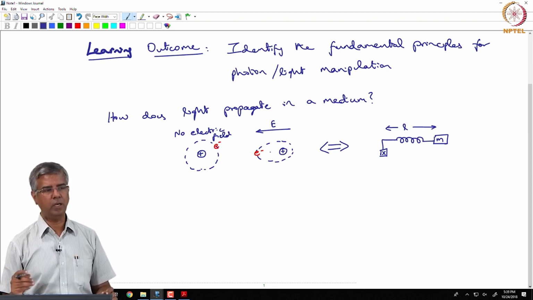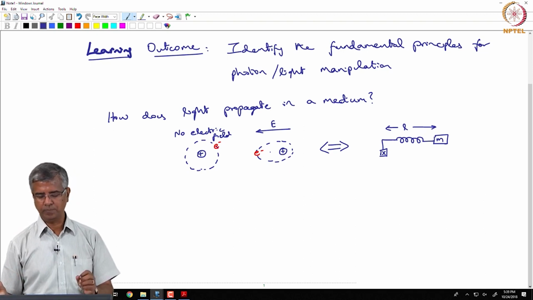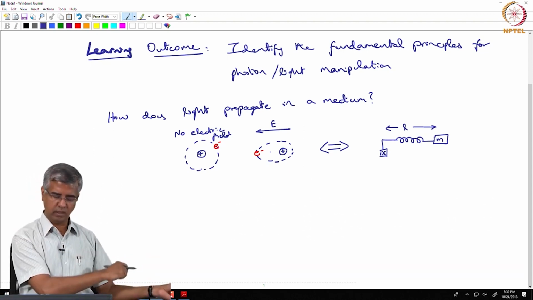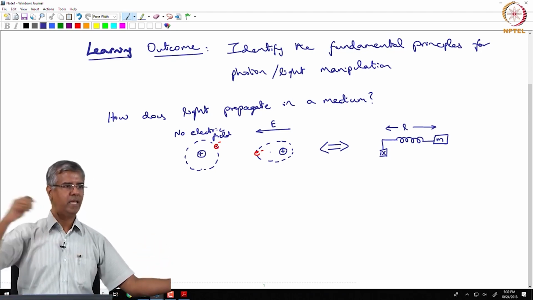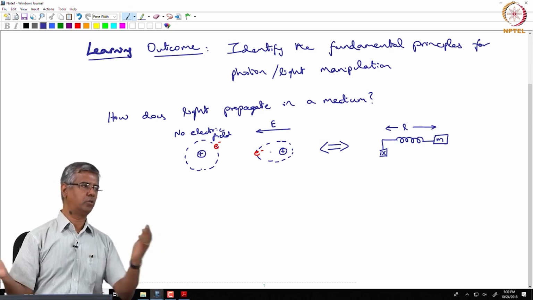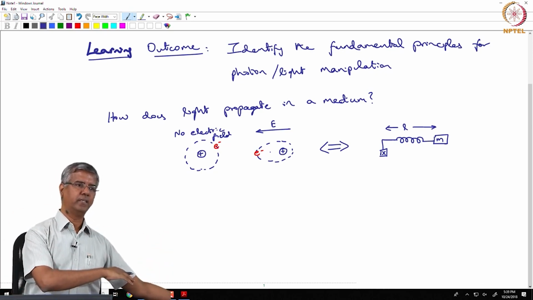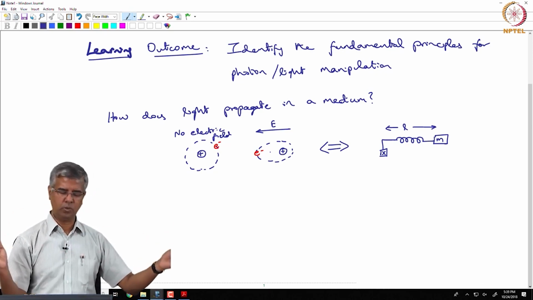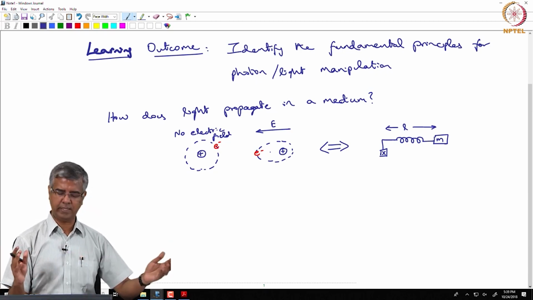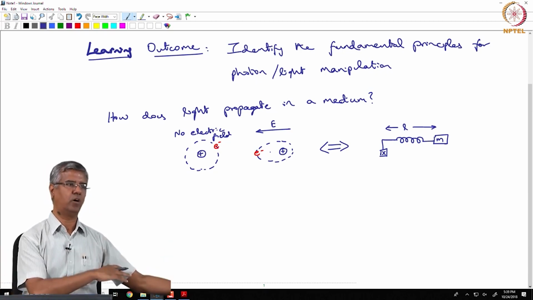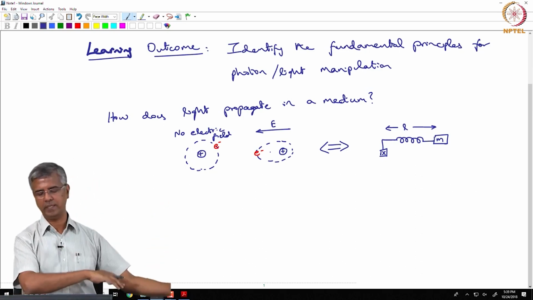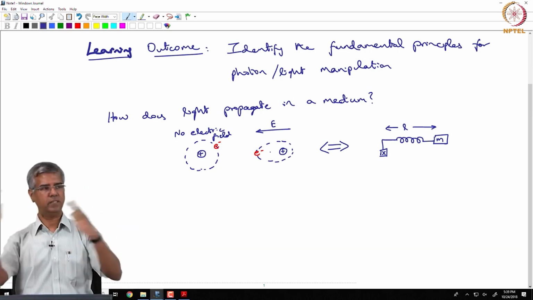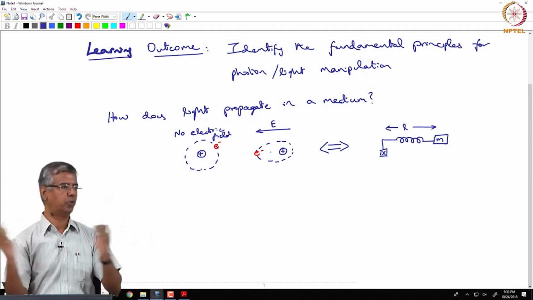So, when we are talking about an electron sloshing this way, that will actually pull the neighboring electrons like this. So, the entire orientation or the entire material has this orbital that is moving this way, and with the electric field going the other direction, it is going to go like this. So, it is going to slosh back and forth.